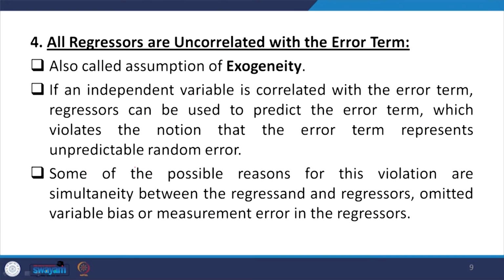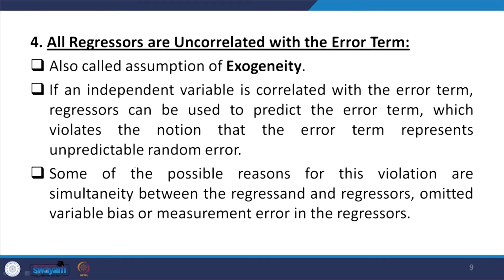Basically it says that regressors are uncorrelated with the error term. There are some differences to it as well, such as being uncorrelated with each other, and we are going to discuss that. With the error term, the correlation between x_i and epsilon is equal to 0.